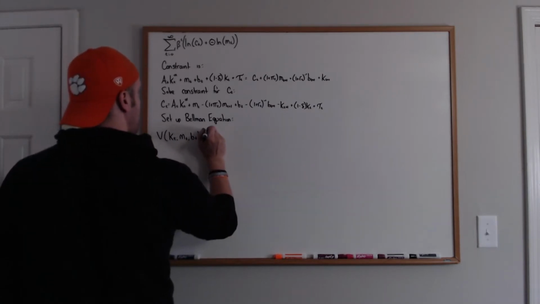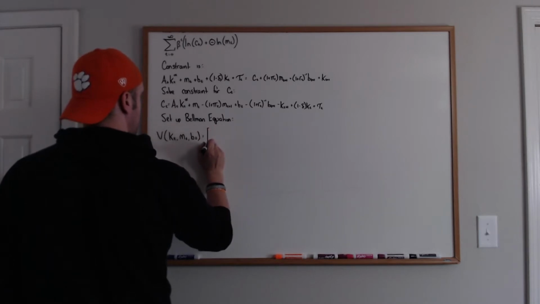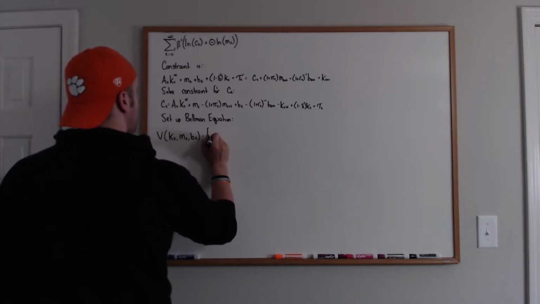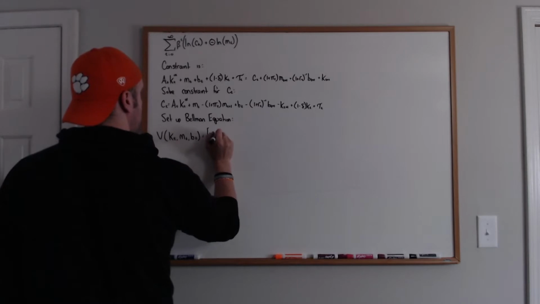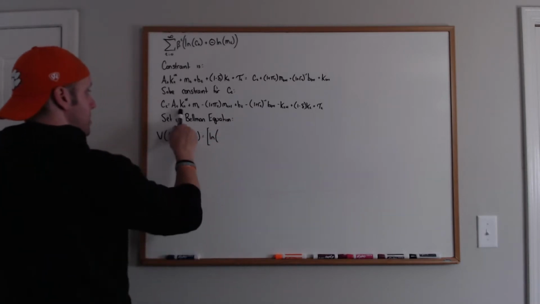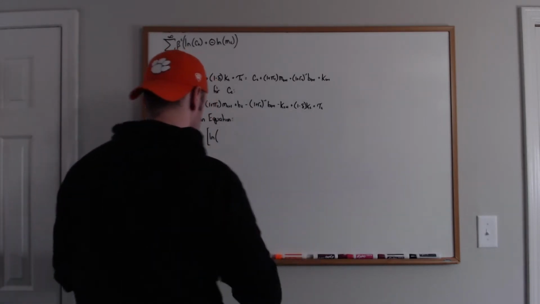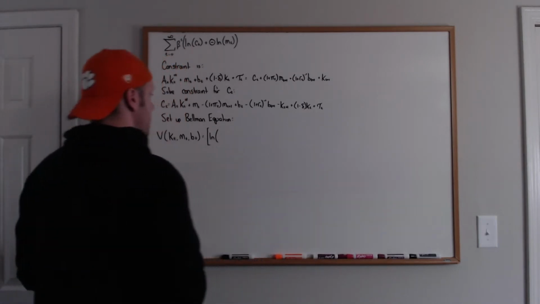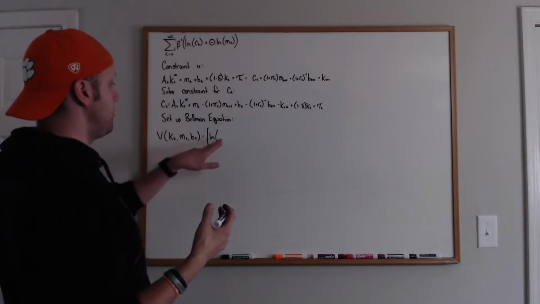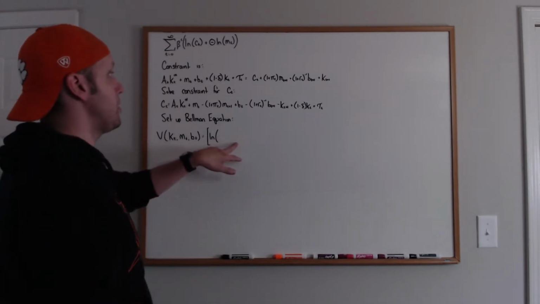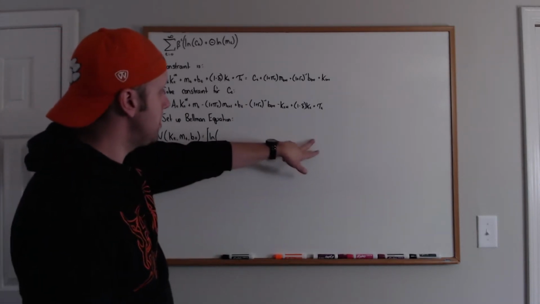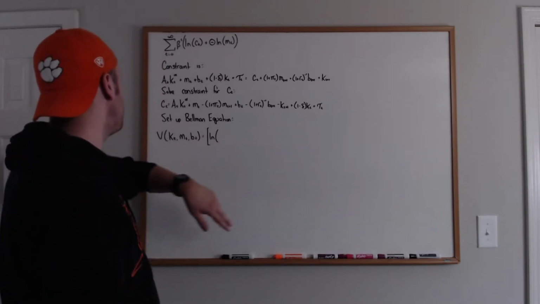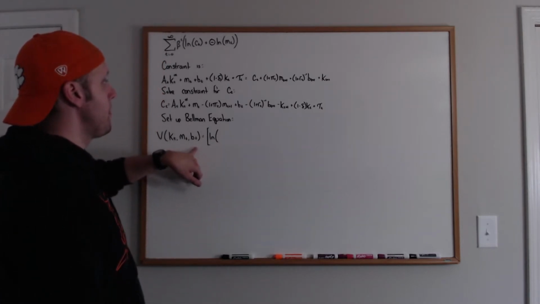Right, now when I set up this Bellman equation, I'm going to do the natural log of consumption, which is equal to all this stuff here. Now, I will let it be said, theoretically you could just do natural log of C plus theta times natural log of M plus beta times V of KT plus 1, MT plus 1, BT plus 1.